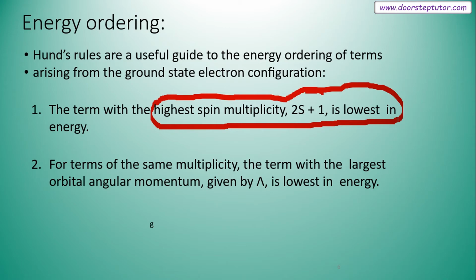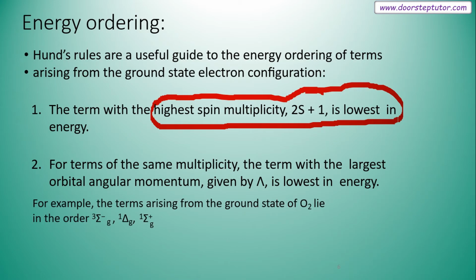Okay, for terms of the same multiplicity, the term with the largest orbital angular momentum, given by Δ, is the lowest in energy. For example, the terms arising from the ground state O2 molecule lie in the order 3Σg−, 1Δg and 1Σg+.